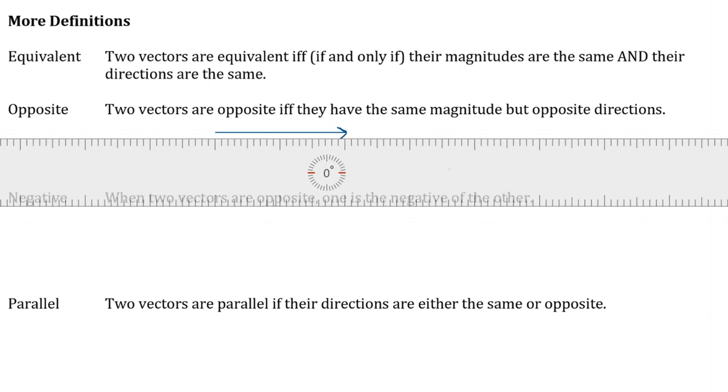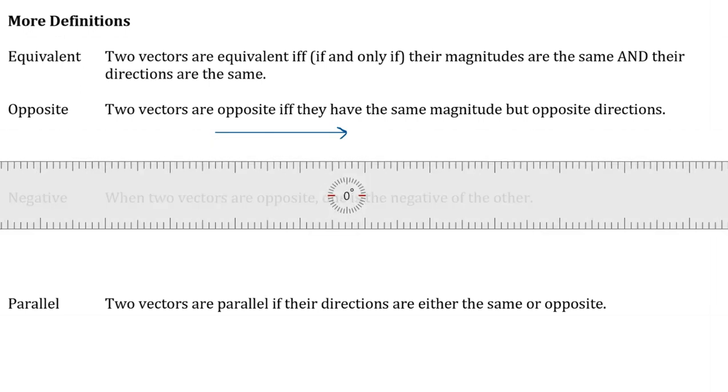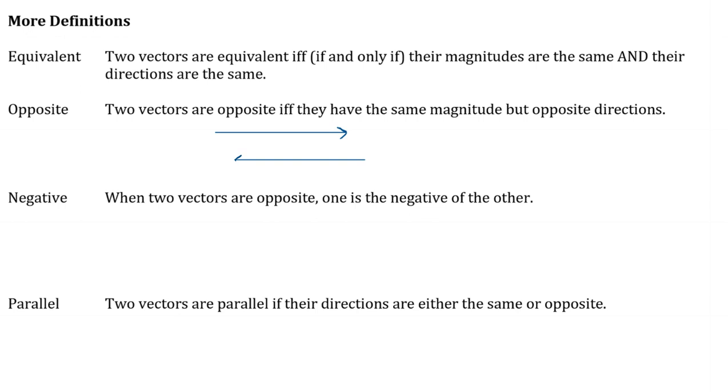Okay, and then I have another vector, and I'm going to try to draw it basically the same length that's going that direction. So I might call this vector u, and I might call this vector v. And they have the same magnitude approximately. Again, drawing these things out is obviously not a very accurate way of talking about these things because you're never going to draw them perfectly, but they were pretty close. But one's going one way and one's going the other way. So vector u is opposite of vector v.